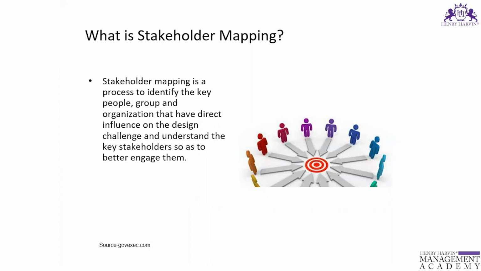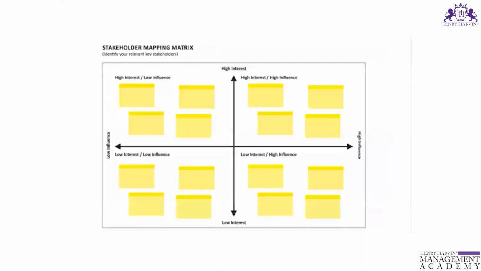Now, once we identify all the stakeholders, we need to do something called a stakeholder mapping matrix. Here, we take the user of BookMyShow as separate, and we need to understand the impact of the other stakeholders on the users under four quadrants. What do the four quadrants talk about? Basically, two axes.